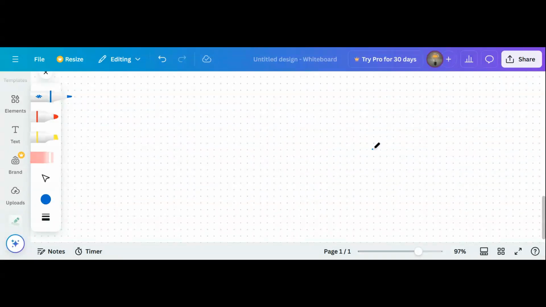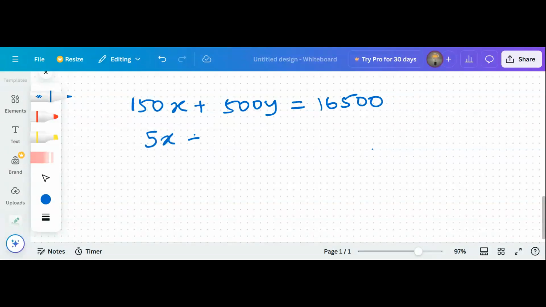Okay, so two equations are formed. 150x plus 500y is equal to 16,500. Next equation is 5x plus 2y is equal to 330. Equation number 1, equation number 2. Okay. Now we have to solve it.